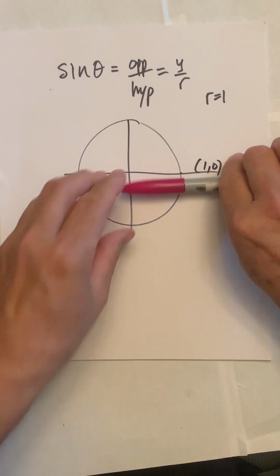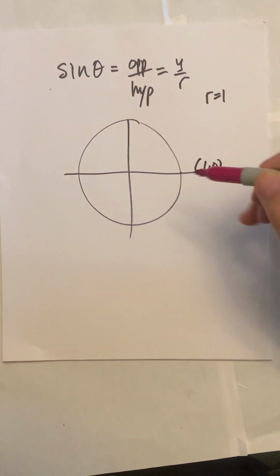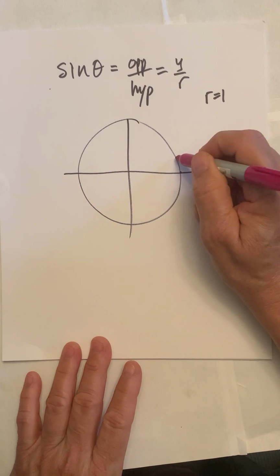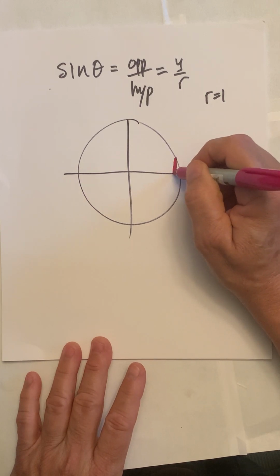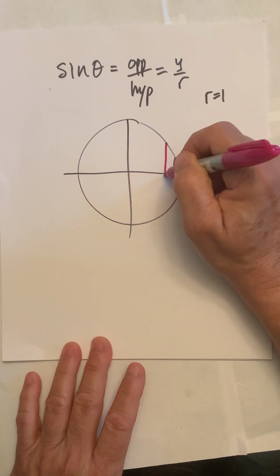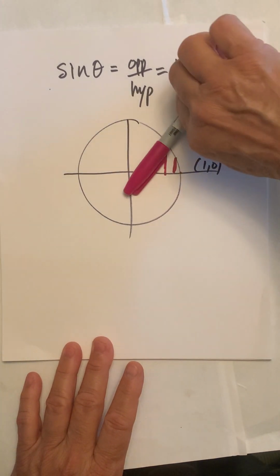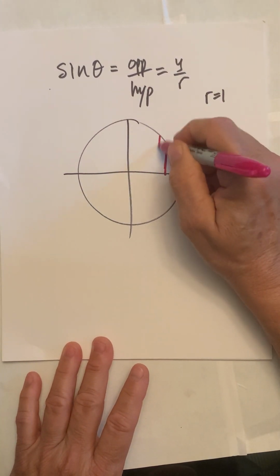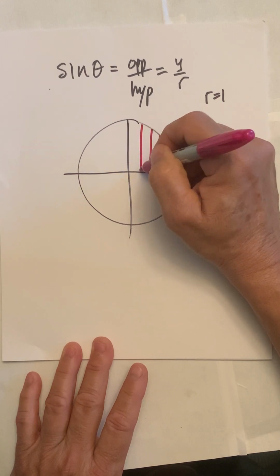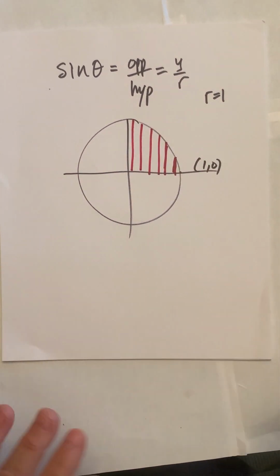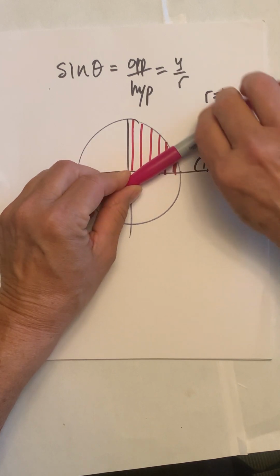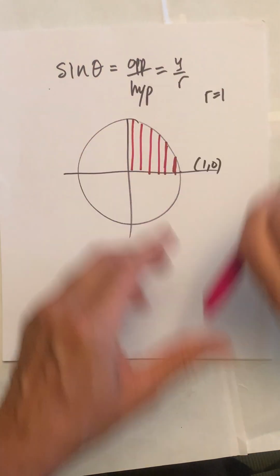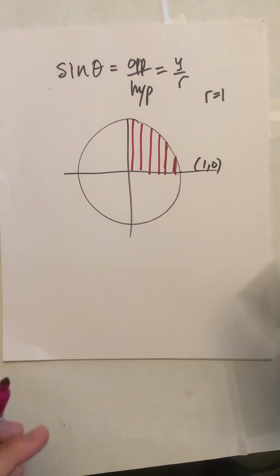But as you start rotating, and you look at each point here, this is the y coordinate, and this is the rotation up to that point. What you're seeing is that the y coordinate is increasing. It's getting longer as you go from 0 to pi over 2, or 0 to 90 degrees.